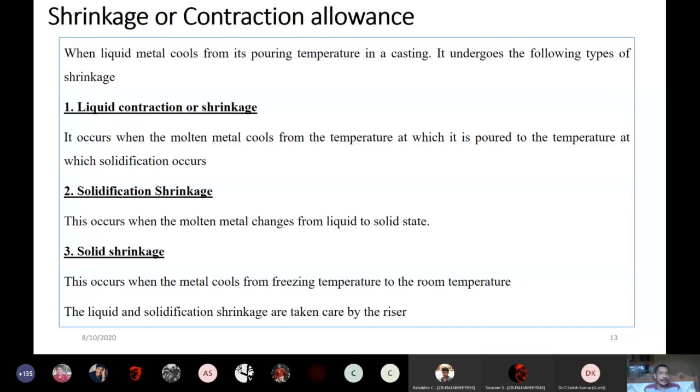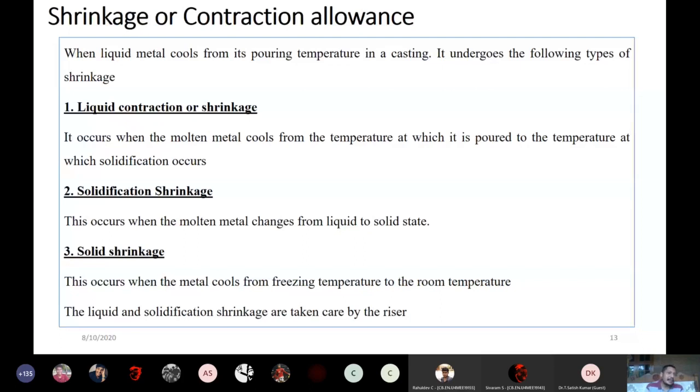That is, liquid metal, when it solidifies, will shrink. So in order to obtain the proper dimensions, you have to pour extra material into the mold. The extra dimension you provide on the pattern to compensate for this defect is called the shrinkage allowance.